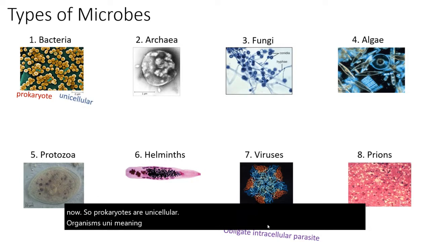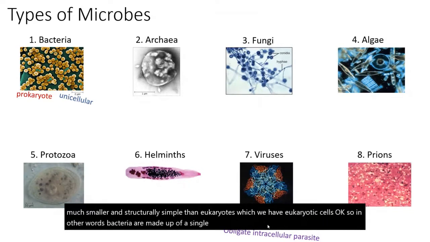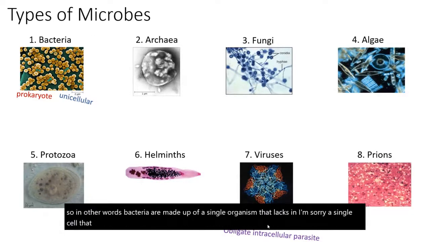The entire organism is one single cell. Prokaryotes are much smaller and structurally simpler than eukaryotes, which have eukaryotic cells. So in other words, bacteria are a single cell that lacks internal structure. It is very structurally simple.